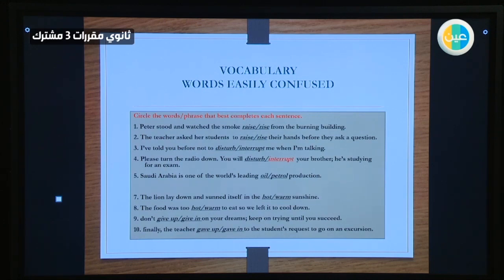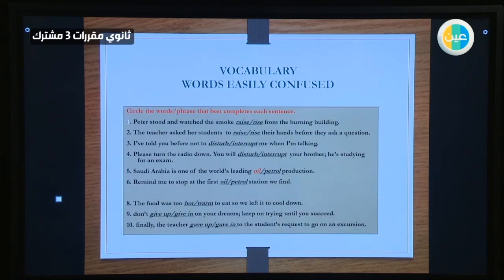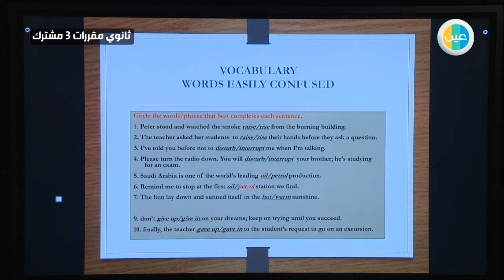Saudi Arabia is one of the world's leading oil producers. Of course, oil production, the different products that come from crude oil, natural oil. Remind me to stop at the first petrol station we find. We want fuel for the car, so petrol.